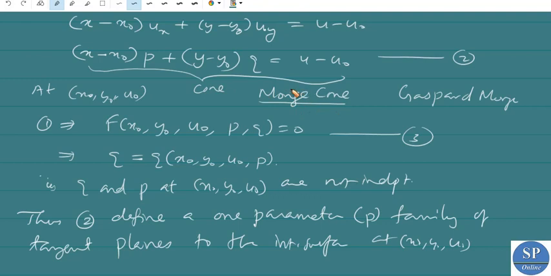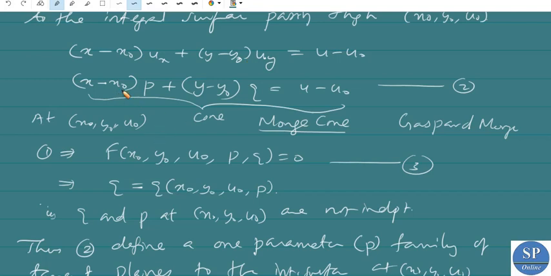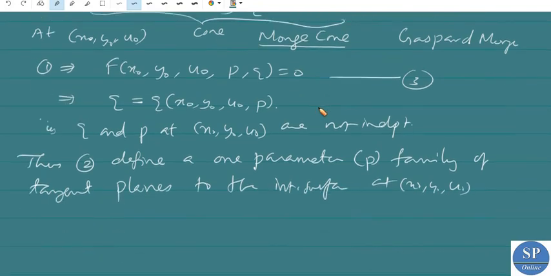Thus the curve we need to find in the tangent plane is the generator of this Monge cone. To find the generator, we first differentiate this equation with respect to p. We get (x − x0)·1 + (y − y0) dq/dp = 0, since the derivative of the right side is 0.